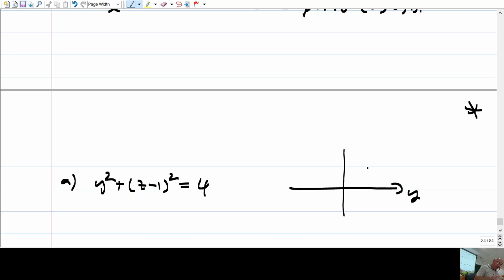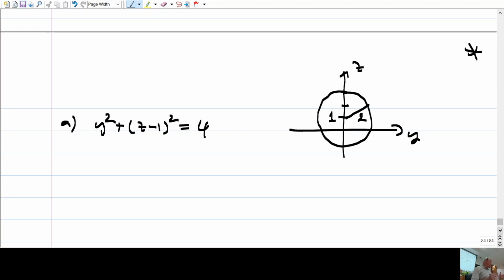So if this is the yz plane, this is the circle with center at 1 and radius 2 units, right? So it is this circle. No, this is 1, but the radius is 2 units, okay? In the YZ plane, right?